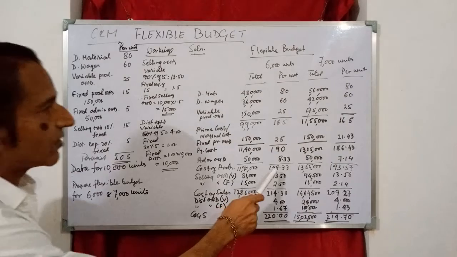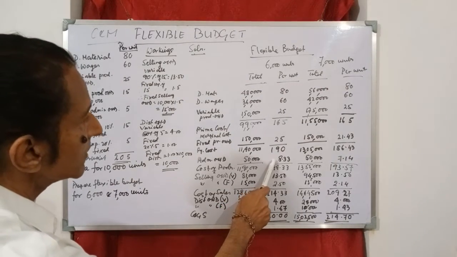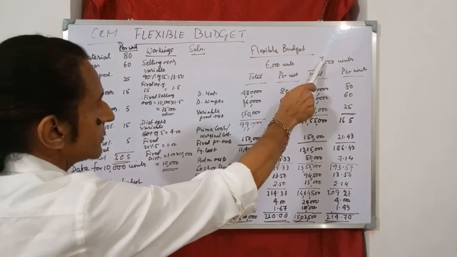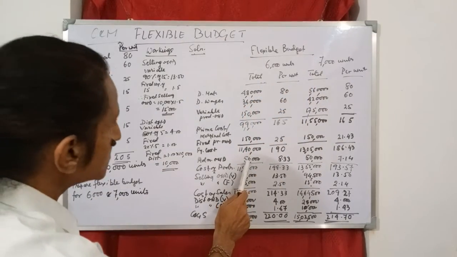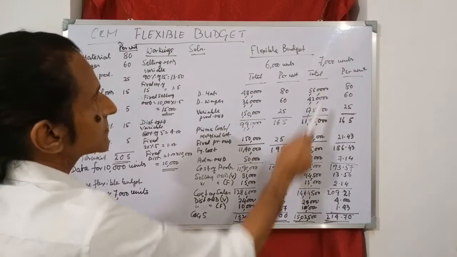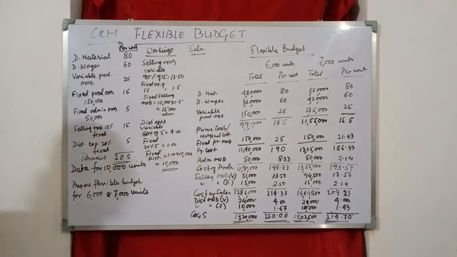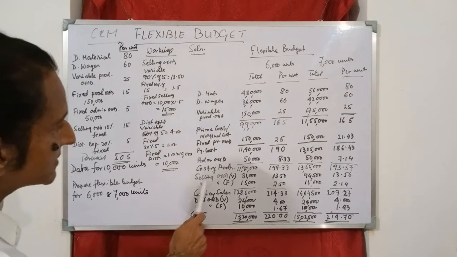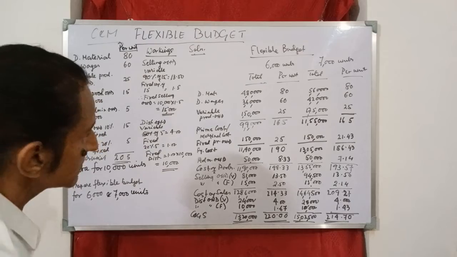And we have found out the per unit of administrative overhead in case of 6,000 and 7,000 units by dividing the fixed overhead amount by the number of units in both the cases. Similarly, so we have found out the cost of production. Now we have added the selling overhead, both variable and fixed part.